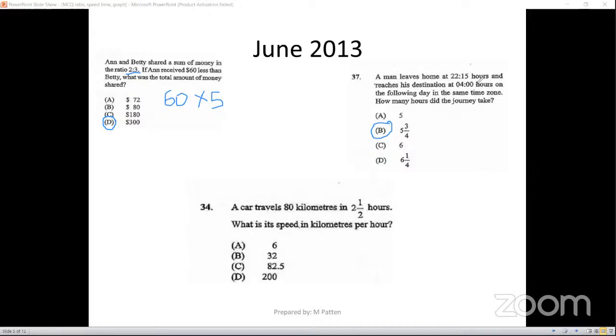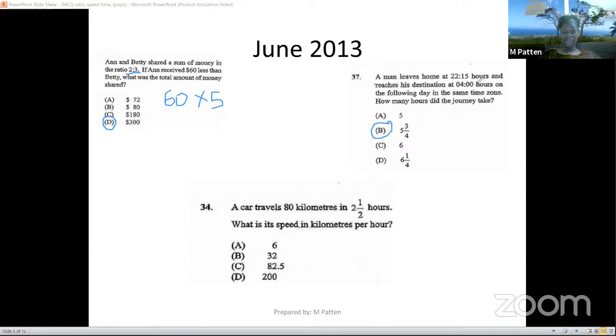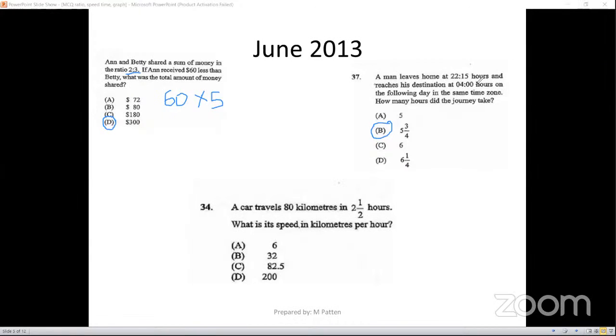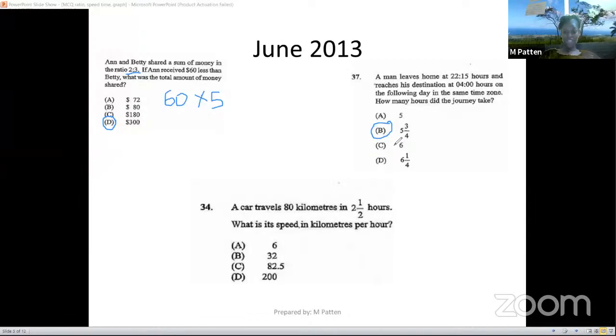You have a quarter, so you get the next 3/4 to make one hour. So it's 5 hours, five and 3/4 hours. That is correct.